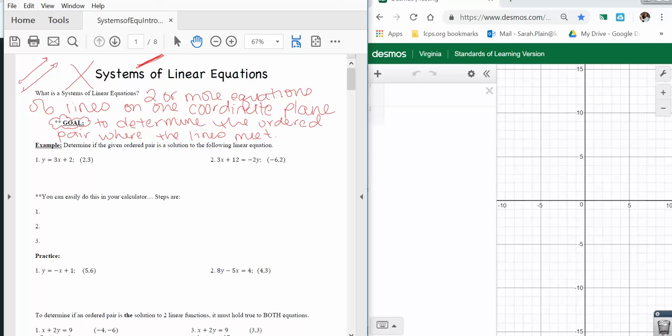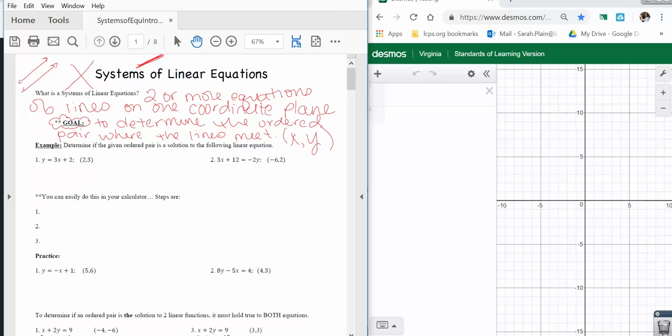So my goal in this whole unit is I'm going to take two lines and I'm going to determine where they meet. They meet in an ordered pair. An ordered pair is made up of what? Two values. They're made up of an x value and a y value. So I'm looking for what x equals and what y equals.